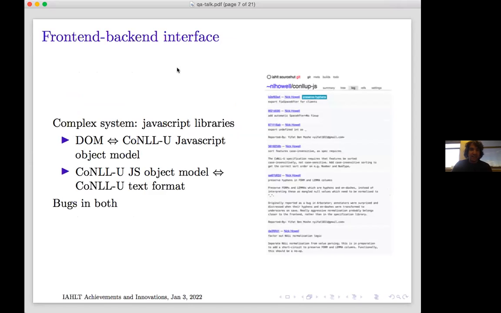The front-end back-end interface is a complex system. It consists of a bunch of JavaScript libraries that perform parsing and serialization of the CoNLL-U text format, and there's bugs everywhere. So here's the Git log.